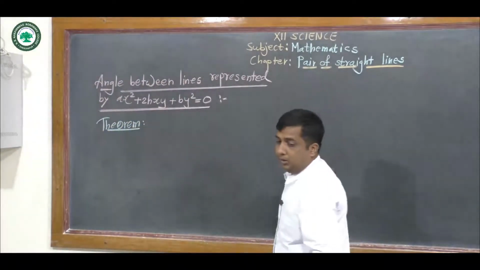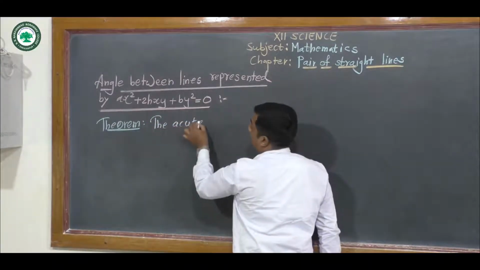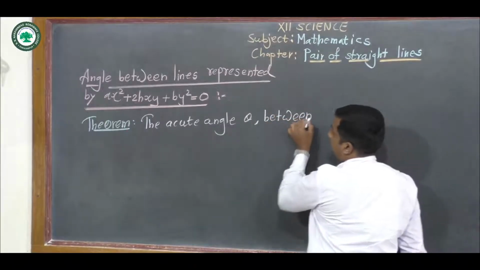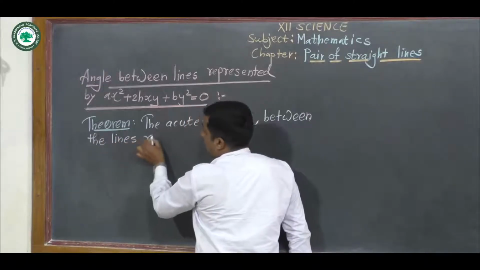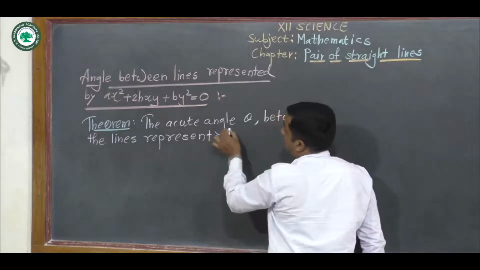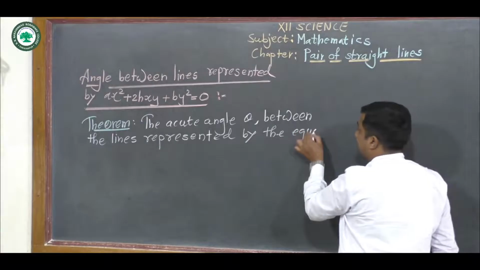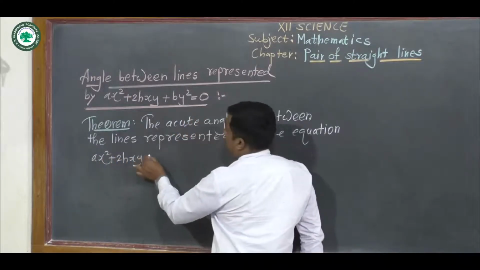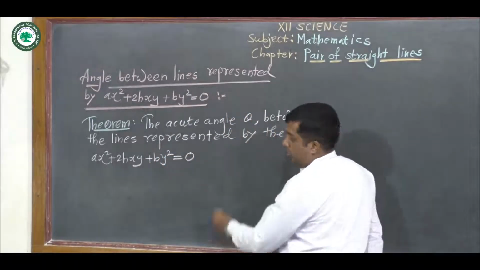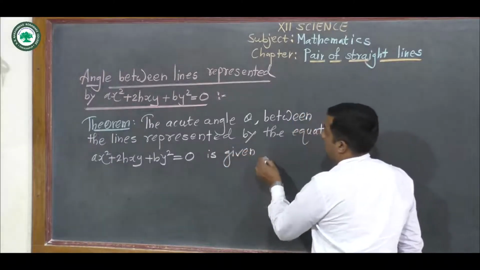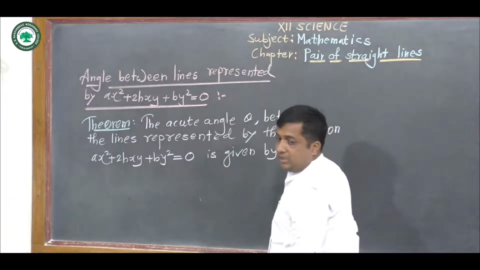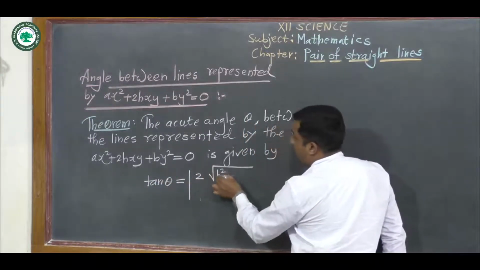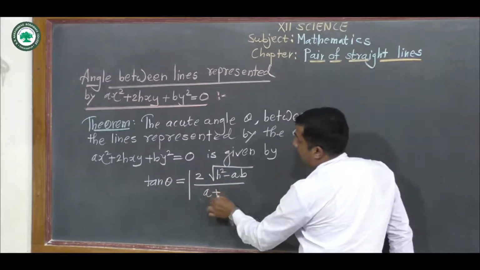Here, the statement of the theorem is: the acute angle theta between the lines represented by the equation ax square plus 2hxy plus by square is equal to 0 is given by tan theta is equal to mod of 2 into square root of h square minus ab, divided by a plus b.